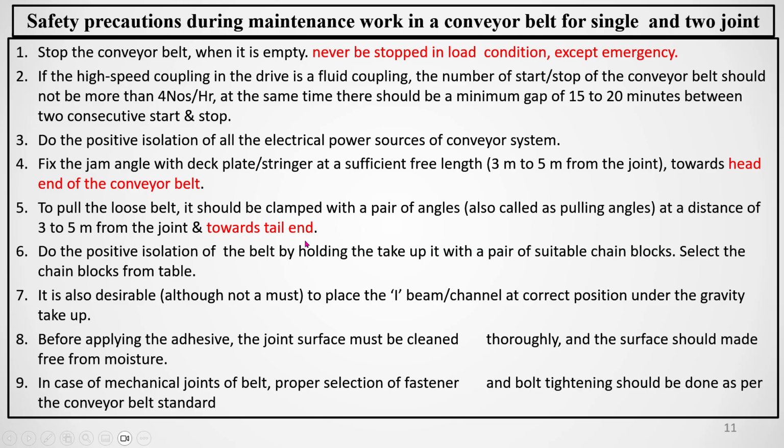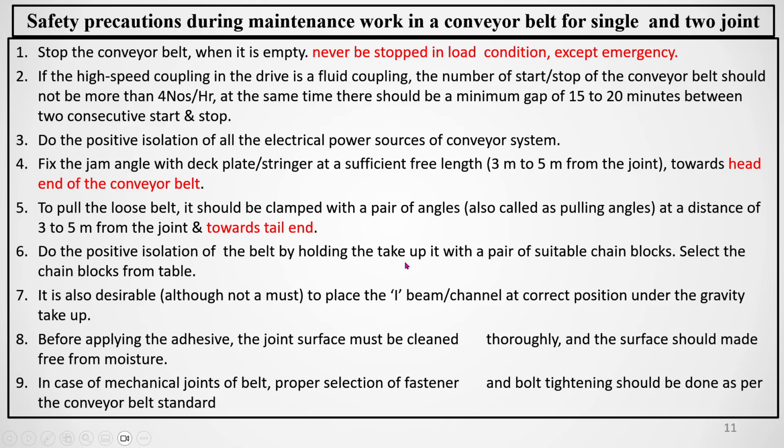You have to jam both sides of the belt with deck plate or stringers so that it does not move away. It gets stuck there. Do the positive isolation of the belt by holding it.